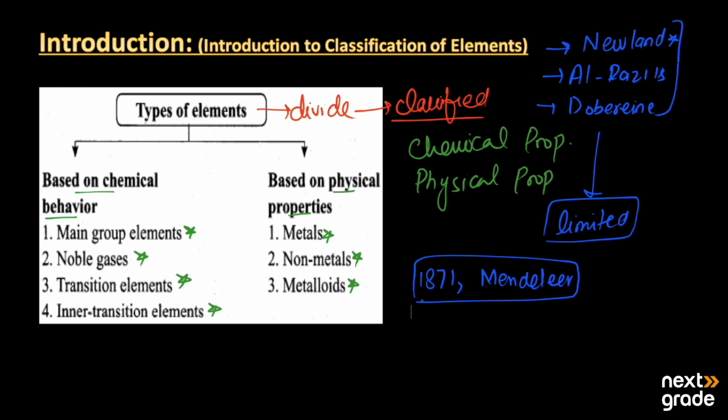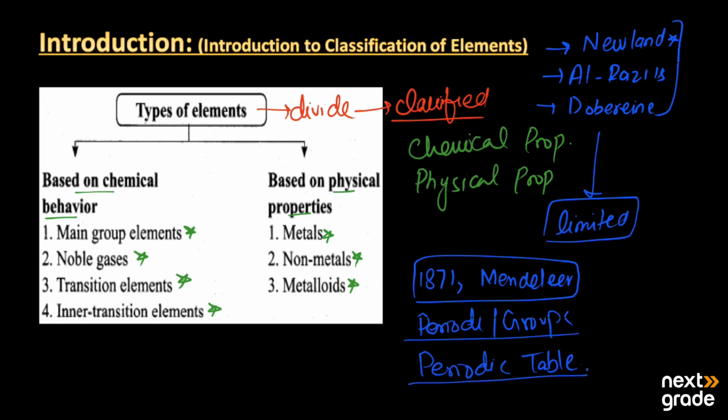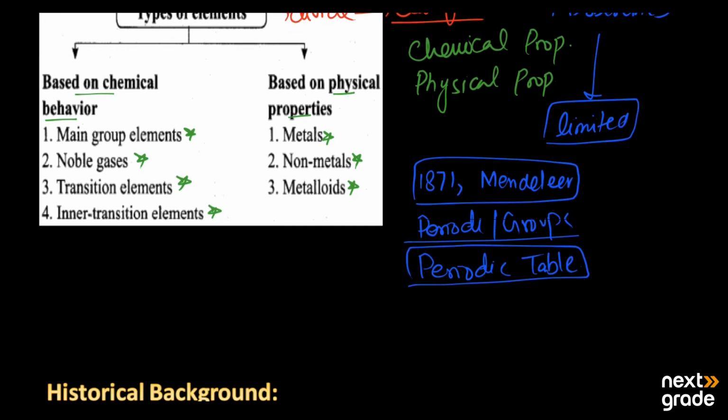Its classification was mainly divided into periods and groups, and it was known as the periodic table. So this was the simple overview about the classification of the elements.